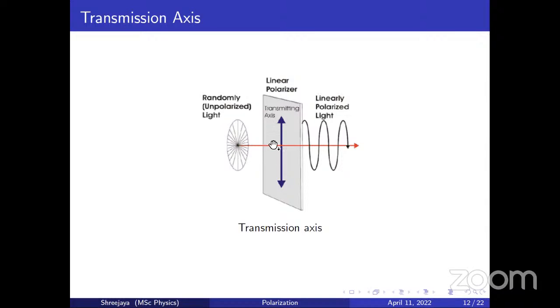Similarly, if the transmission axis was in the opposite direction, the horizontal direction, then only the electric field component which is horizontal to the axis of propagation will be transmitted to the other side.